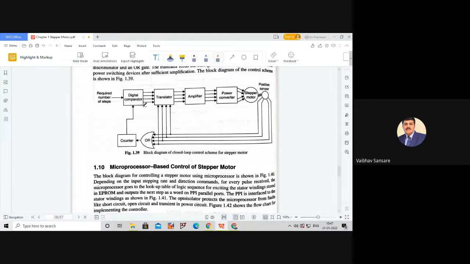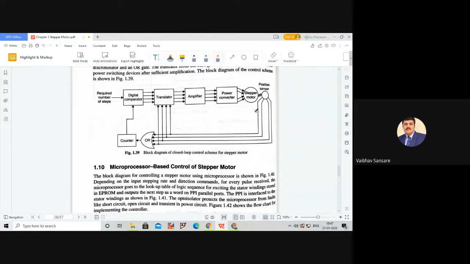Those inputs are generally the desired direction and the required step angle or the required number of steps. So the output of this logic controller depends upon the input provided to it as well as the actual position of the rotor after the first step.